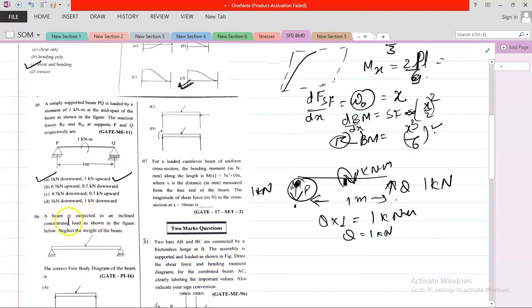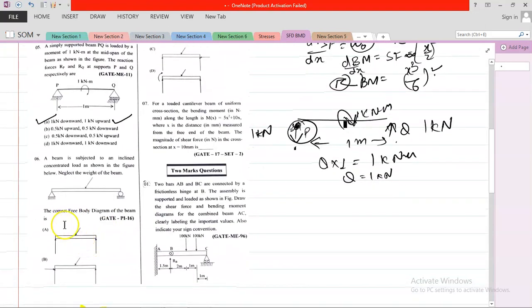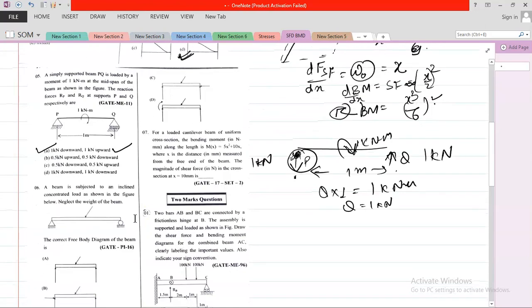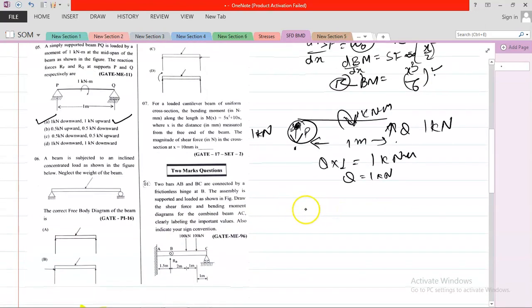The next question is, a beam is subjected to an inclined concentrated load. Neglect the weight of the beam. Choose the correct free body diagram of the beam. Let us take the support, because this is a question on the support. This is a roller support.